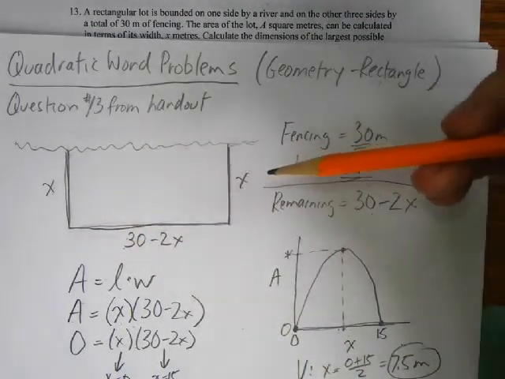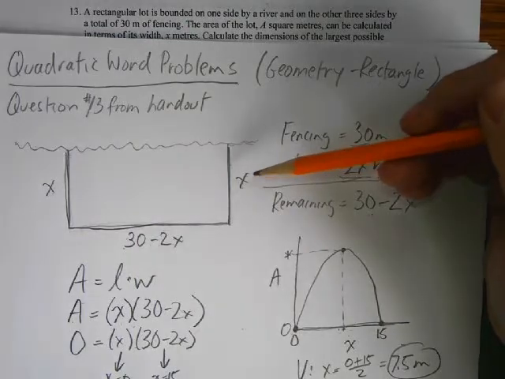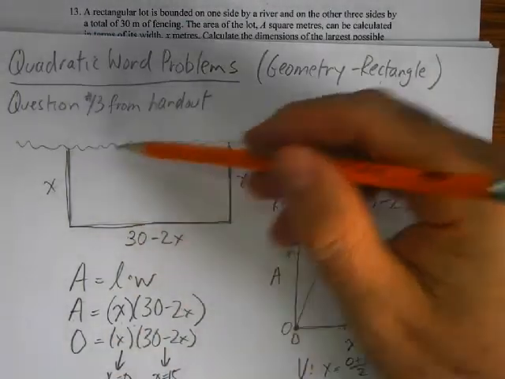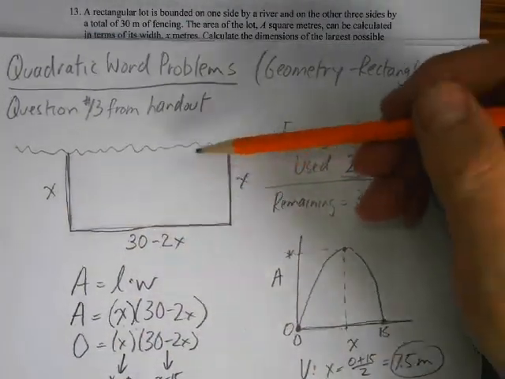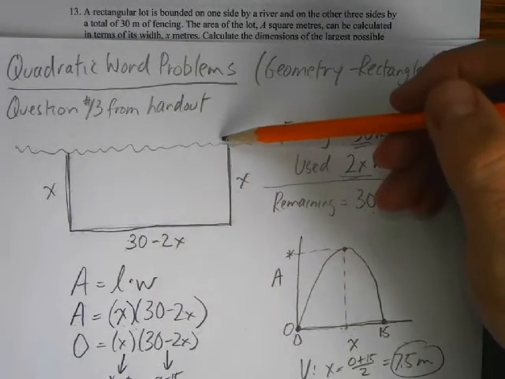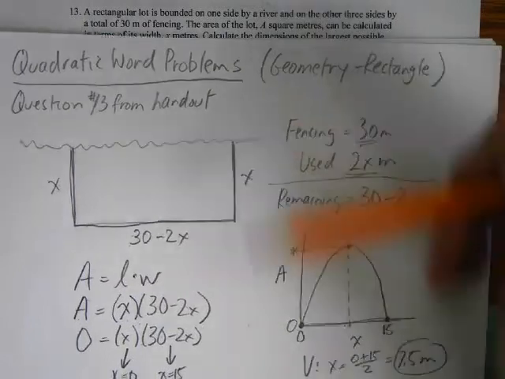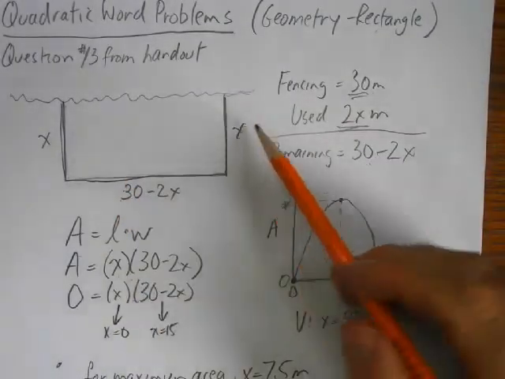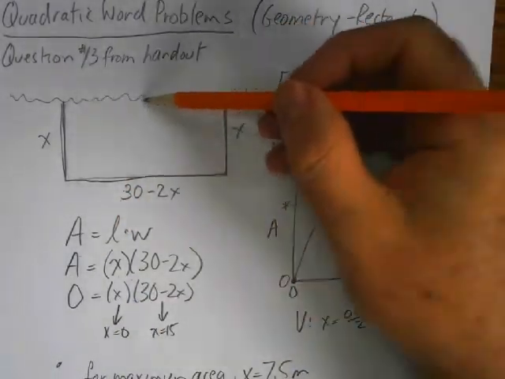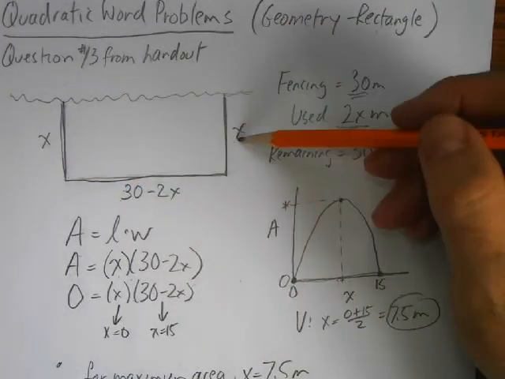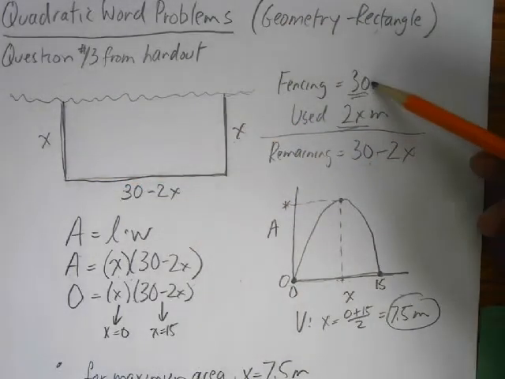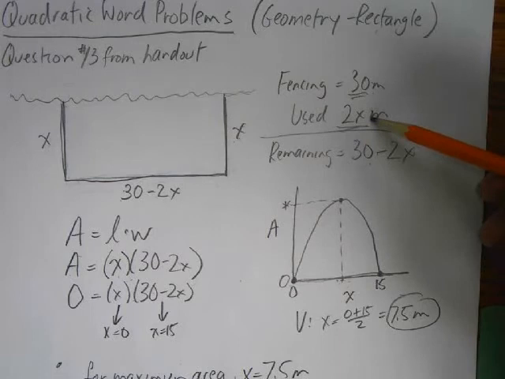So it is a fairly common question, but a lot of times you'll be building a pen which needs all 4 sides dimensioned. So how would you do it differently? Well, I would start off the same way. Call these 2 sides x. So if I start with 30, I still use 2x. So I have 30 minus 2x left over.